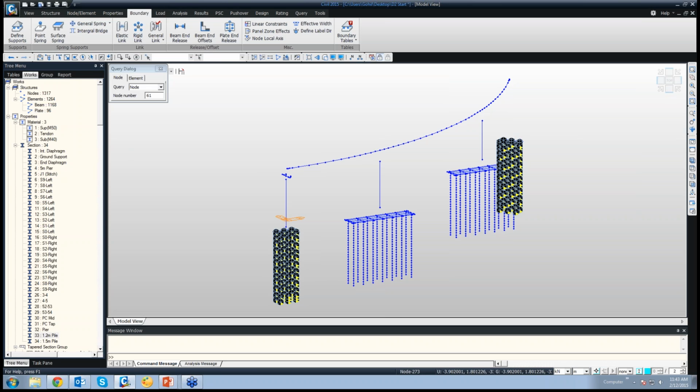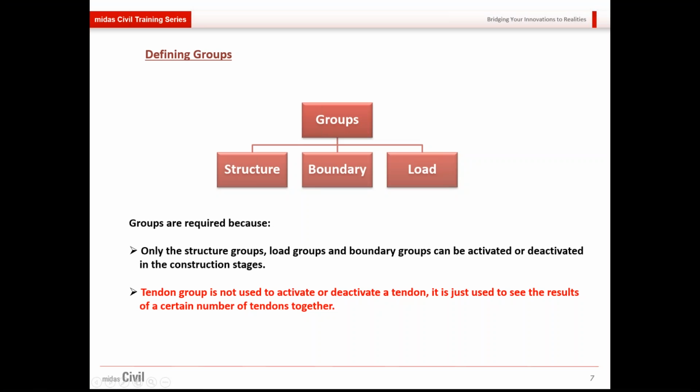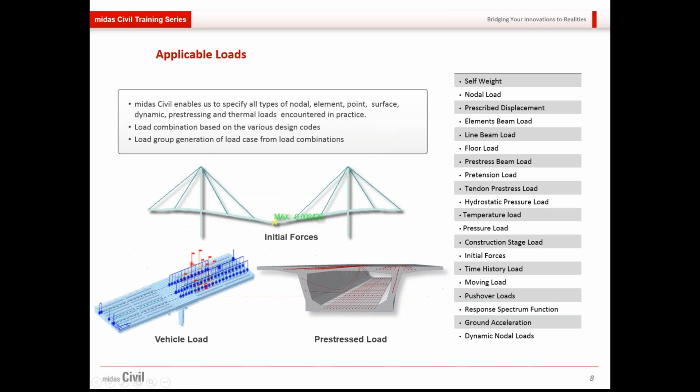Now I'll talk about the loads that we would be covering today. In MIDAS Civil, you can specify many types of loads: nodal loads, element loads, pre-stressing, thermal loads, right? And the various types and cases are given at the right side.